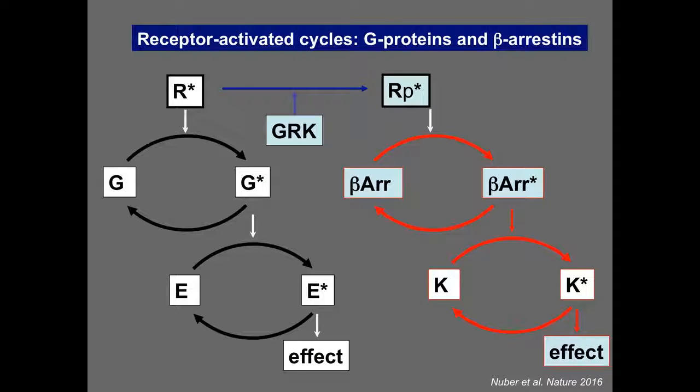These waves are using modules that are very similar. The G protein module is something you've learned many times from textbooks. The receptor activates a cycle of activation and deactivation of the G protein, and this produces a cycle of activation and deactivation of the effector proteins. We now believe that the same is true for the activation and deactivation cycle of beta-arrestins. So beta-arrestins are inactive.